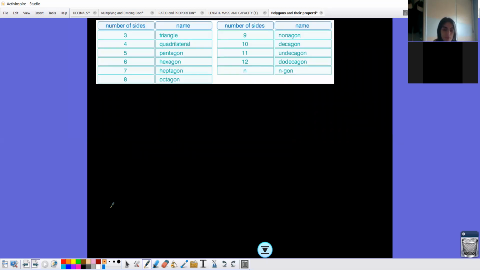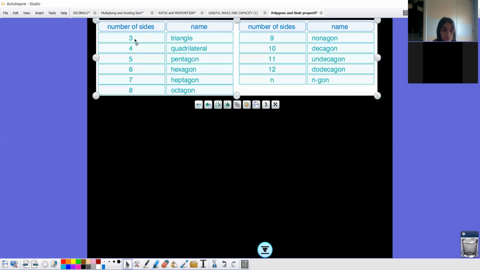Now, here, the names of the polygons according to their sides, the number of sides. So if it is 3 sides, we call it triangle, we know it. If there are 4 sides, we call it quadrilateral, and mostly we'll use this name, quadrilateral.